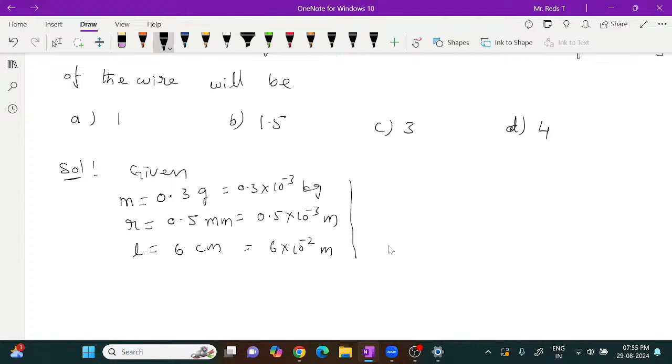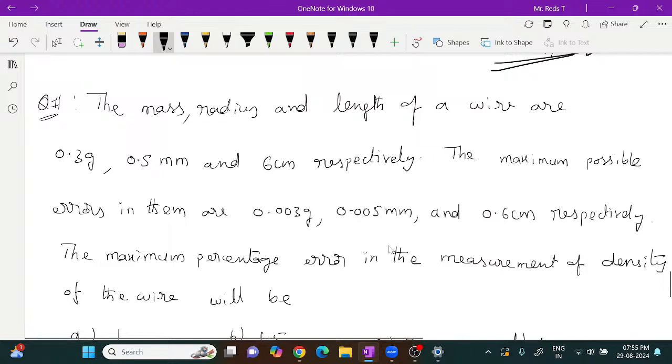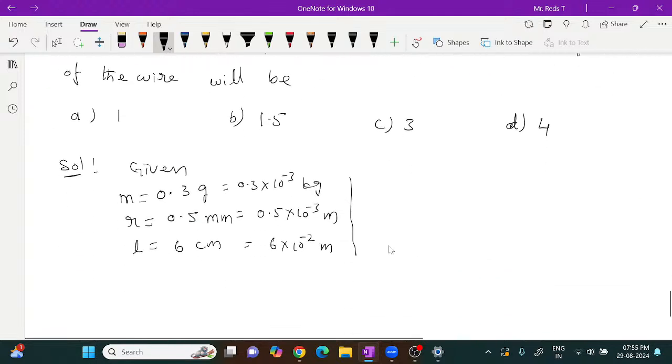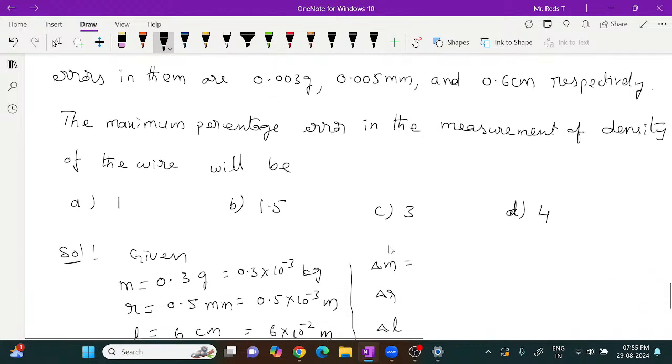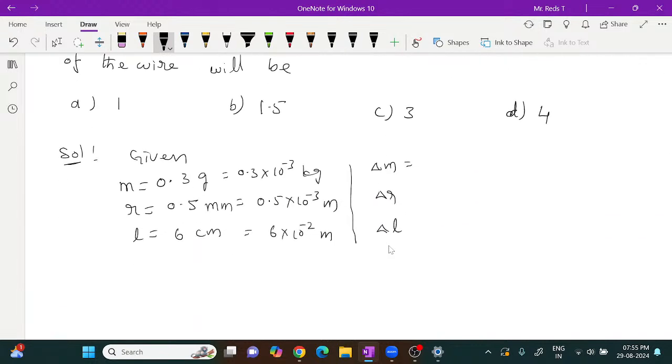And it is also given that the maximum possible errors in them, in mass delta m, in radius delta r, and in length delta l, are 0.003 gram, 0.005 mm and 0.6 centimeter.